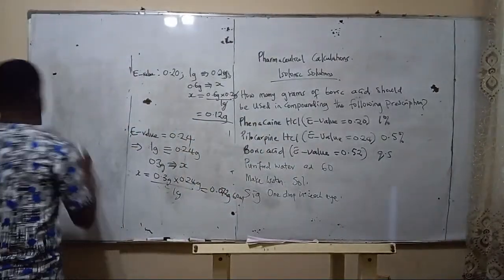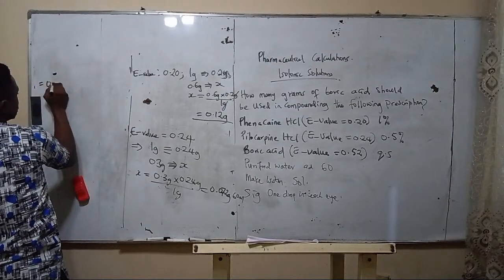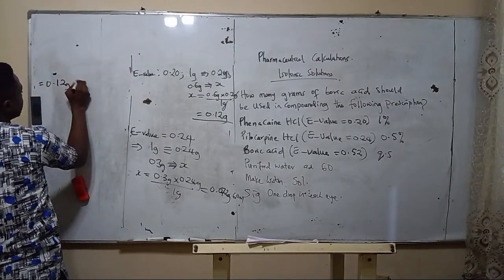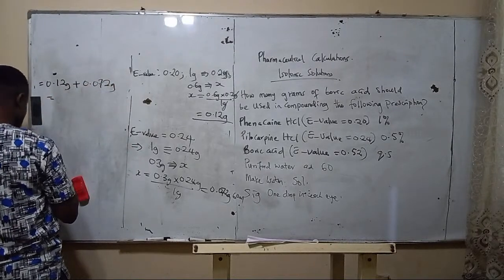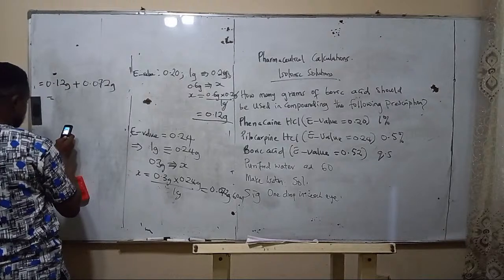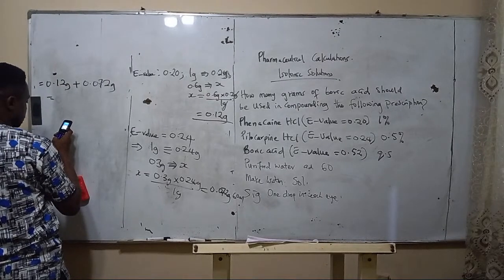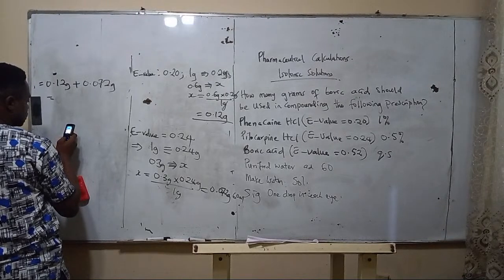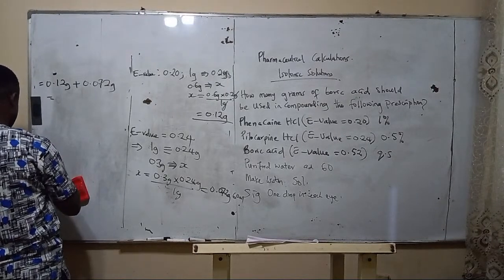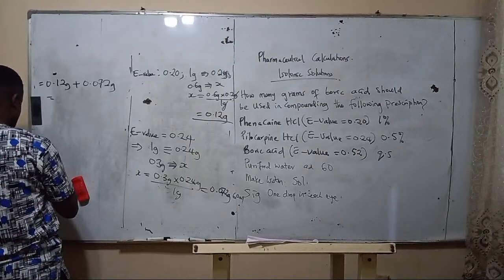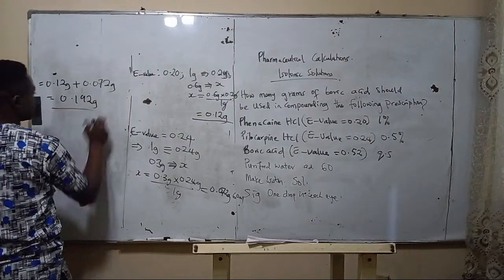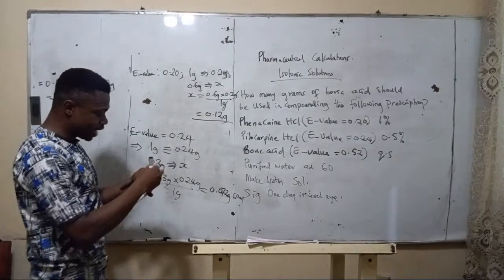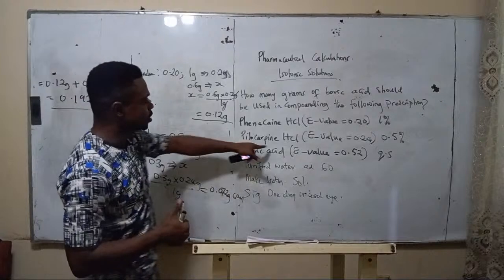The total is 0.12 gram plus 0.072 gram, which is 0.192 gram. So this is the amount of sodium chloride already present in this solution.